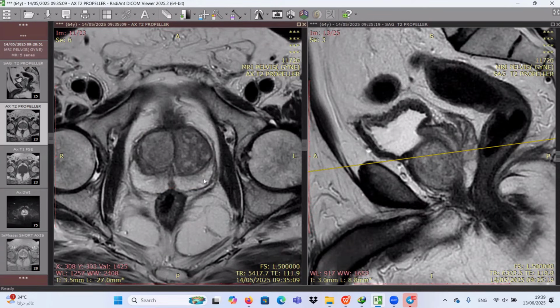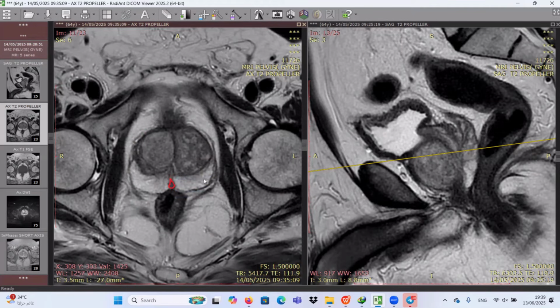Also, we have here at the midline, this is called the median raphe of the prostate. Sometimes it appears more prominent, as you can see here in this image. Also, sometimes it is characterized by nodular thickening, and this is considered a normal variant.